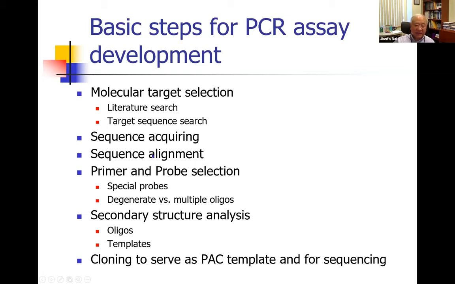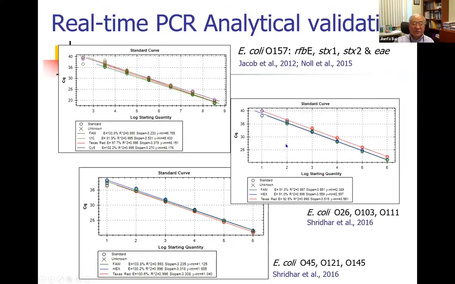You select a target, get all the sequences, do sequence alignment, and design a primer and probe that is conserved within the pathogen but specific across different pathogens, so it specifically detects the majority of the pathogen in your target species. Then you do so-called analytical validation.